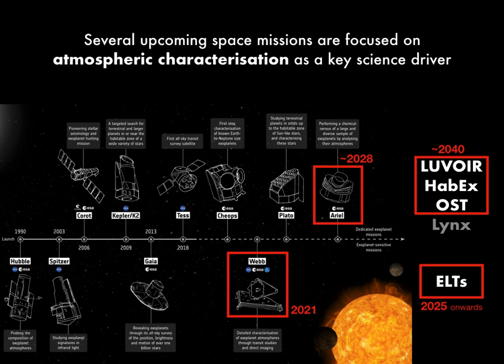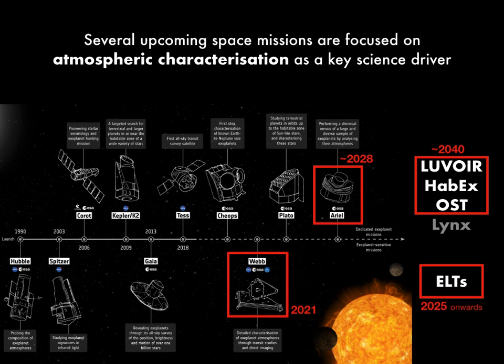In roughly 2028, the ARIEL mission of ESA will launch as well, although this is focused on studying mostly warm and hot exoplanets. And in the 2040s, NASA is currently studying 4 mission concepts. And it's interesting that 3 of these 4 mission concepts are focused on habitable worlds, so LUVOIR, HabEx, and OST.